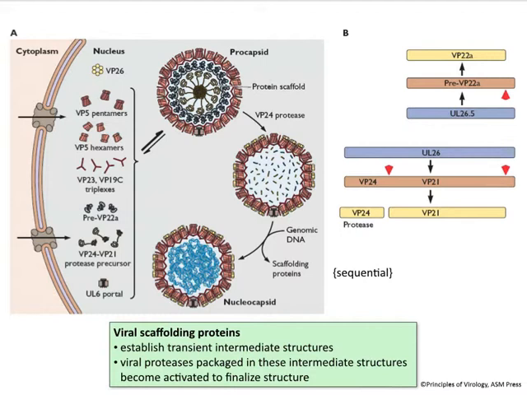So the protease digests away the scaffold, and then the genomic DNA goes in while the scaffolding bits go out. And of course, the DNA is put in at the portal right there. There's one portal per capsid, you may remember. There's the portal there, and the genomic DNA is threaded in. So it's a neat example of sequential assembly, but in this case, we have a kind of unusual scaffold involved.